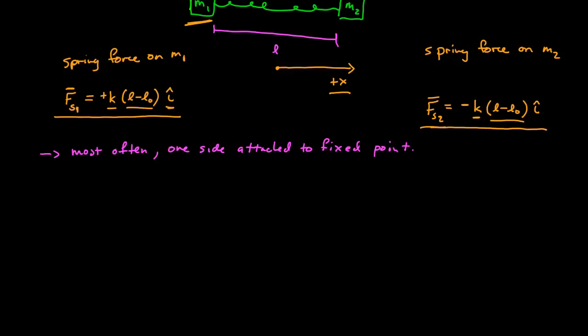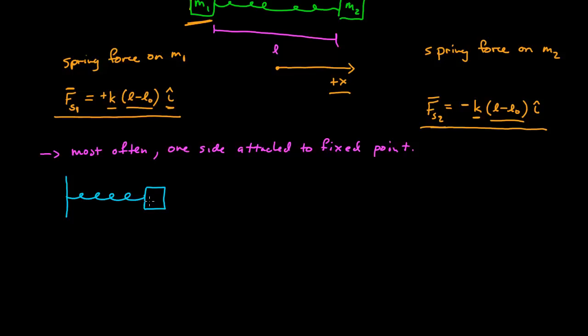For how I might draw a picture of that, instead of the two objects being two masses which move, I might say that one side is a wall, and then the other side is a mass which can move.